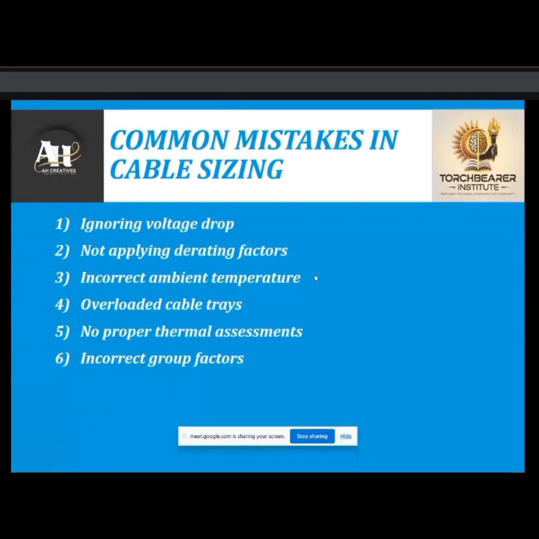The fifth one is no proper thermal assessment. Basically, thermal assessment is the assessment of the temperature of the cables due to the ground and the nearby cables. The thermal assessment is performed through different software. We check the temperature of the cables.